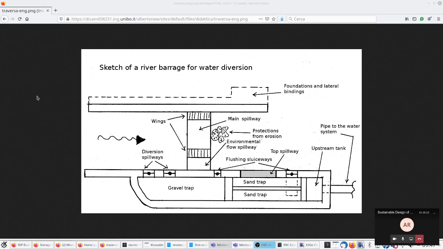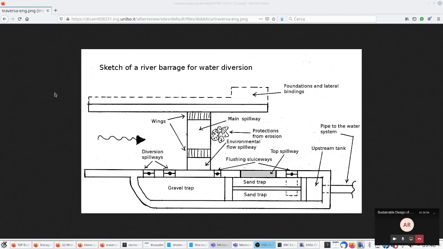So here the target is to design the sand trap in a way that gives enough time to the suspended sediments to settle down, to reach the floor of the sand trap. So we assume that there is suspended material in the sand trap, and we need to design the residence time of water in there, as I said, to give enough time to sediments to reach the floor of the sand trap.